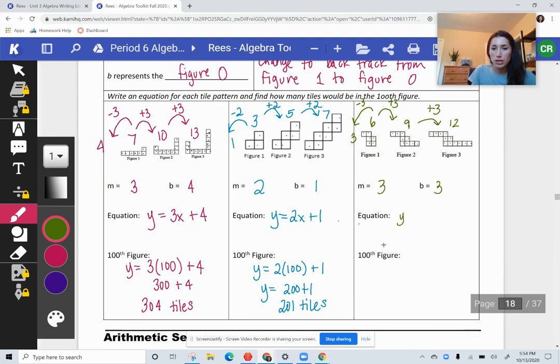So when writing our equation, it'll be y equals 3x plus 3. For our 100th figure, we would then say y equals 3 times 100, and then we'll add 3 to that. So that will be 300 plus 3, which is 303 tiles.